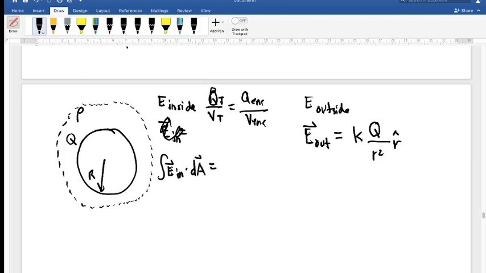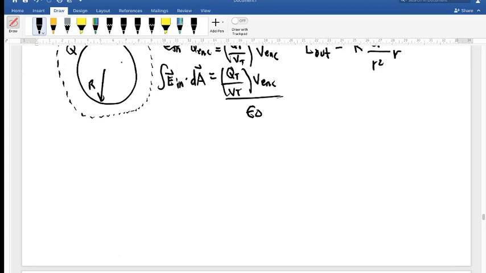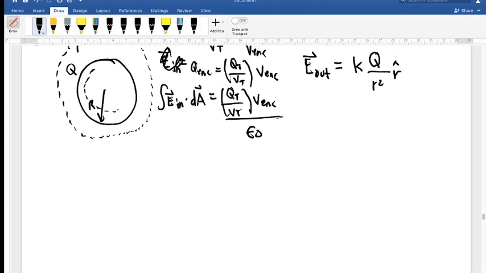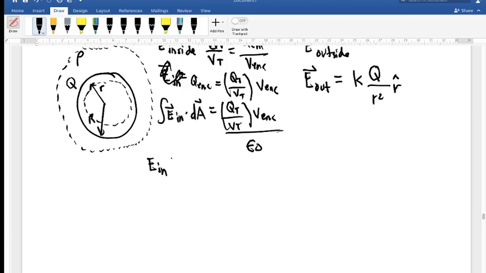Q enclosed is the total charge divided by the total volume times the enclosed volume. We put V enclosed, then divided by epsilon naught. So for the electric field inside the insulating sphere, with radius say r, we can take that outside. Then the dA is 4 pi r squared.